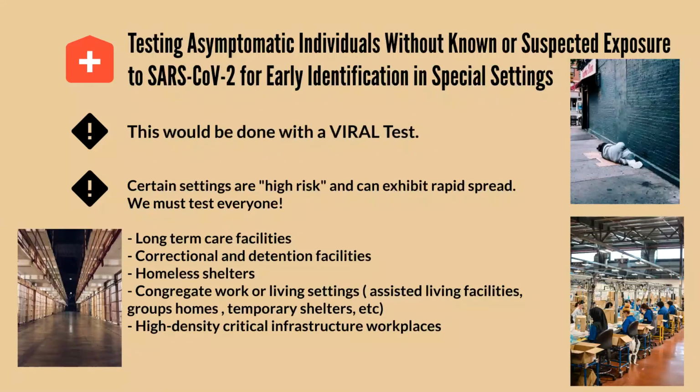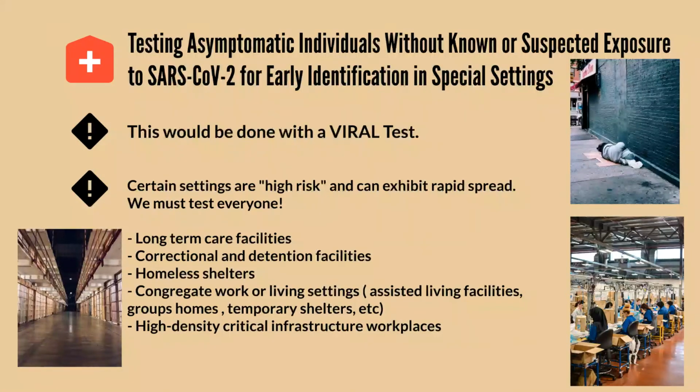And then one other reason why we test is asymptomatic individuals, and they might not even have known or suspected exposure, but they might be living in one of those special settings that we'll get into later.